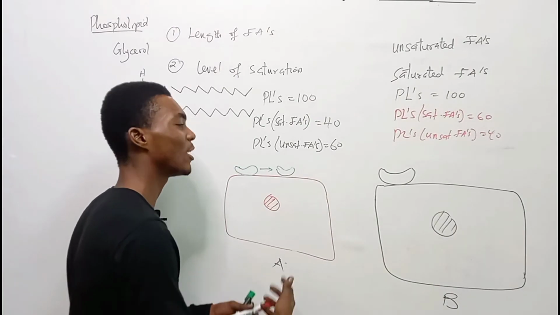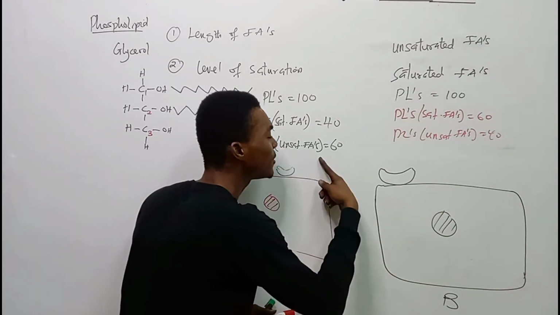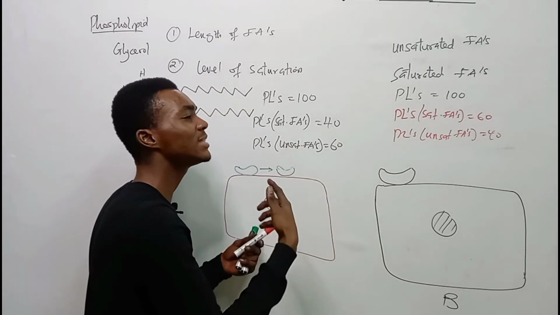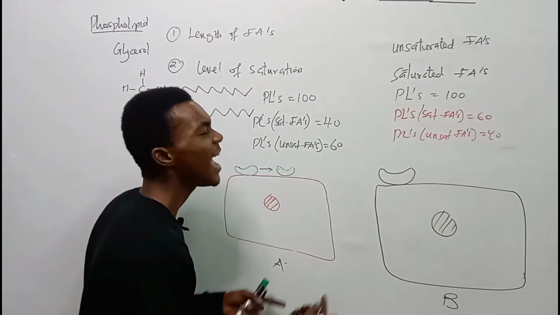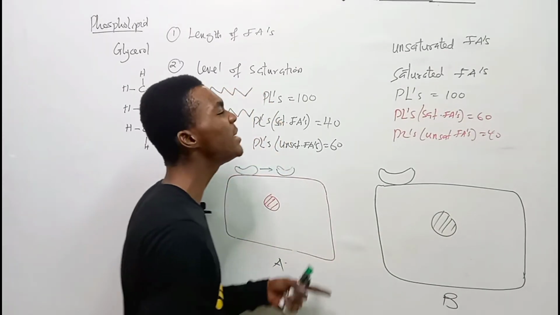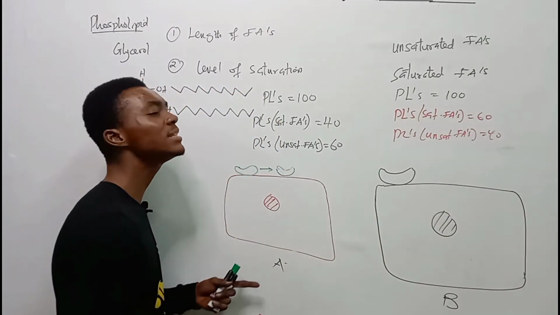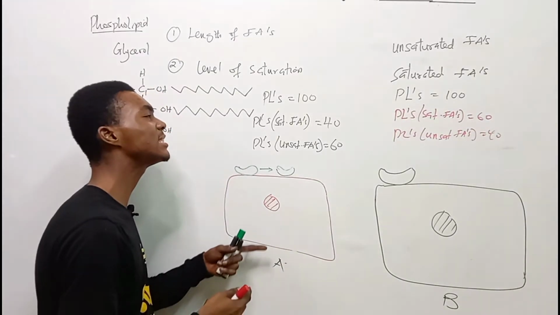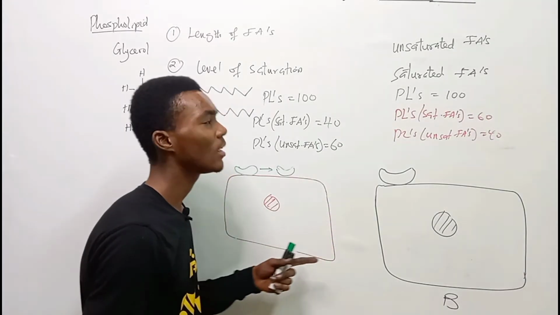Obviously it's going to be our cell type A. In cell type A, the unsaturated fatty acid phospholipid types are more than the saturated types, making it have a cell membrane with a higher fluidity as compared to cell type B. That's what it means to say that the level of saturation of the fatty acid in the phospholipid in the cell membrane affects its fluidity also.